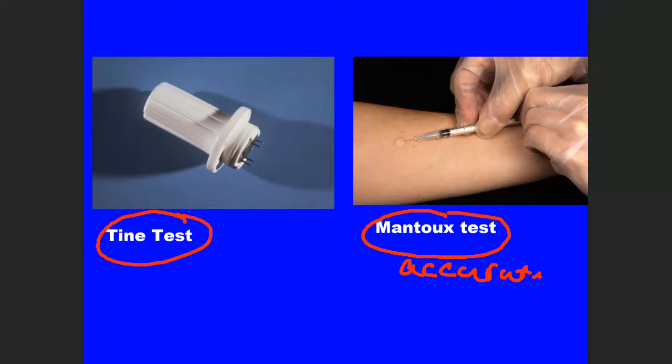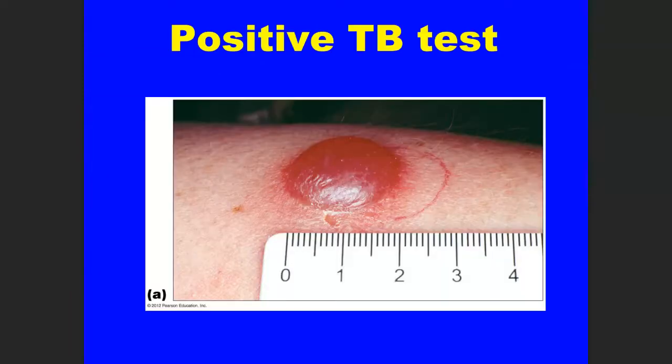And the tine test, it works, but the amount of the antigen that's in the skin is less accurate. Let's put it that way. So usually they prefer to give the Mantoux test. But if a person is positive, a reaction like this would occur. If you're not positive, you don't get this reaction.